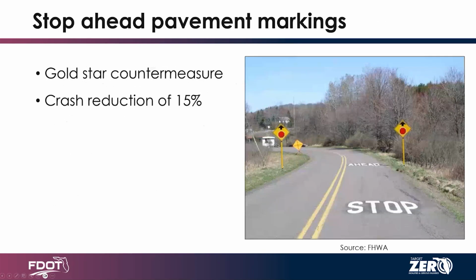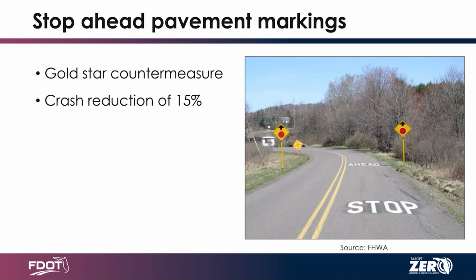And so this is what the stop ahead pavement markings look like with the signs. At unsignalized intersections where you're coming up to a stop condition, these can be effective in reducing crashes. This specific location is within a curve, so it's challenging to see.